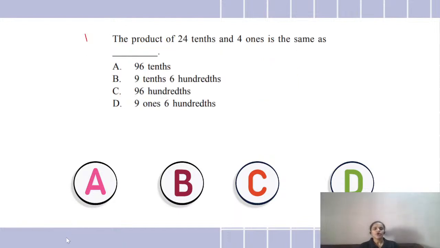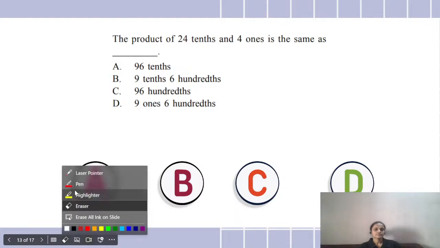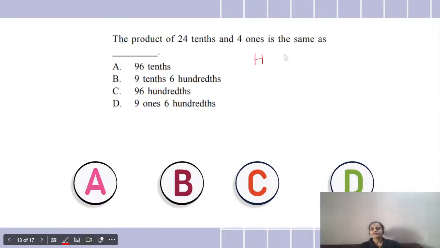The product of 24 tenths and 4 ones is the same as which option? The product of 24 tenths. I hope everybody understands what we mean by 24 tenths. So we have these place values: hundreds, tens, ones, and after the decimal we call it tenths, hundredths and thousandths.